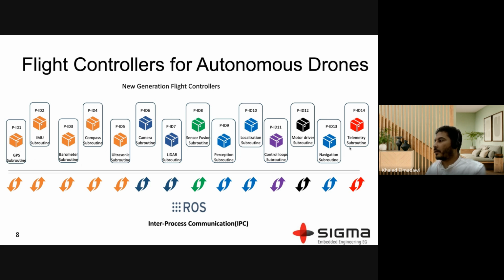And then the telemetry will be an independent process that is reading or observing whatever state from different processes, and then it will be shared with either the ground station or with the pilots.